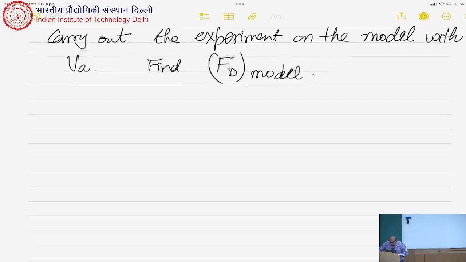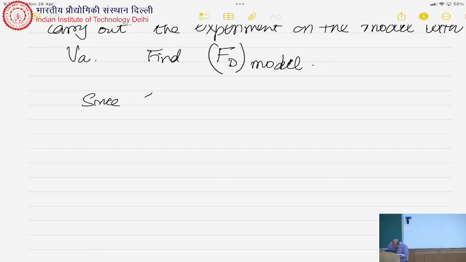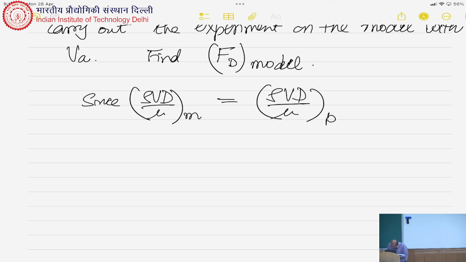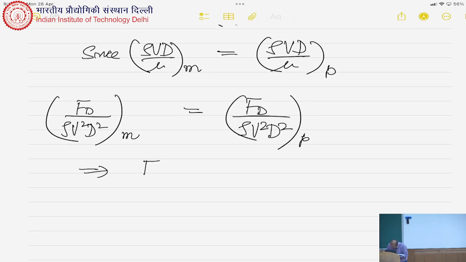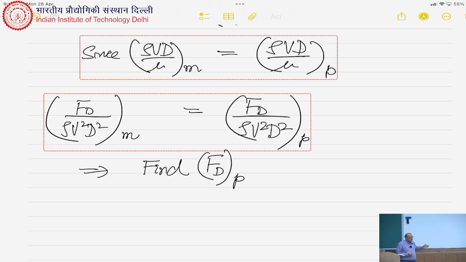So since that is the same, we will be able to find the drag force on the prototype.